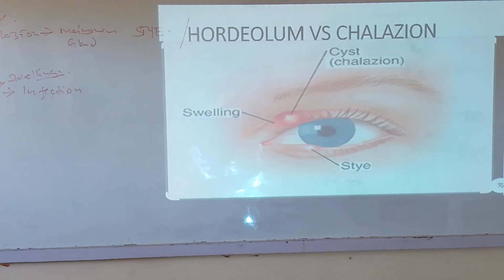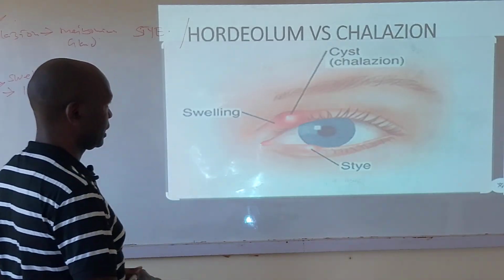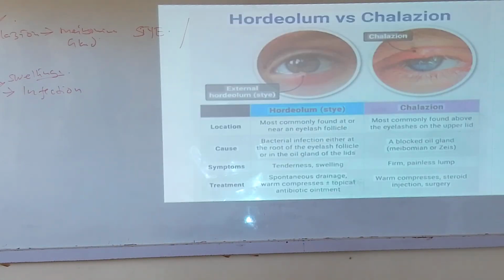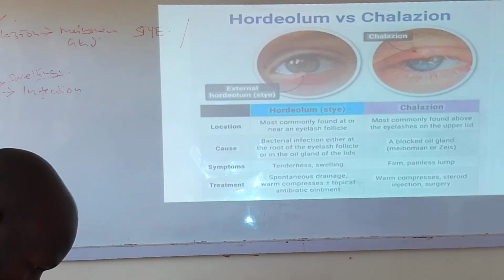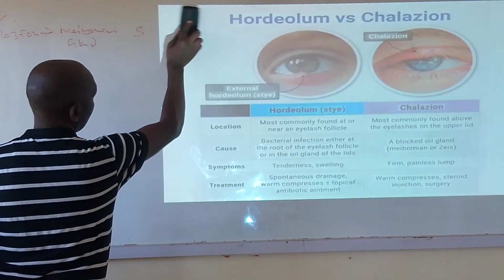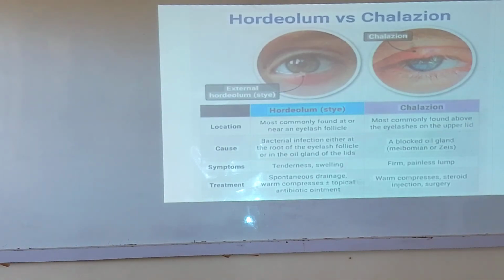So that's the difference. A sty is caused by an infection, while a chalazion is just a cyst because of blockage of some meibomian glands. This is further elaboration of the differences between a sty and a chalazion.